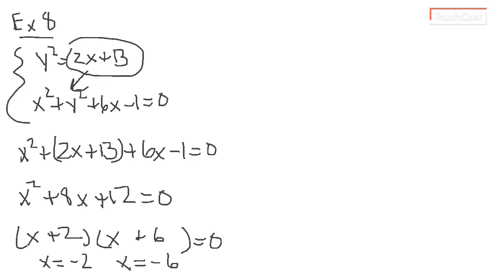So now what I'm going to do is take those numbers and plug them into the first equation to solve for y. So y squared, we can say, is equal to 2 times negative 2 plus 13. We're going to also do this with negative 6. 2 times negative 2, that's negative 4 plus 13.